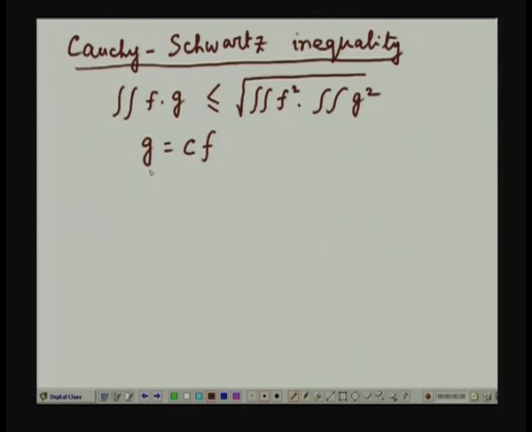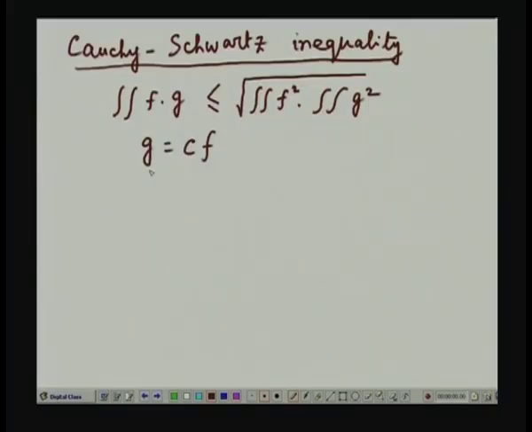So, this also says that whenever f or the template is similar to a region of the given image G with a multiplicative factor of constant c, then this f into g integration will take on the maximum value. Otherwise, it will be less.